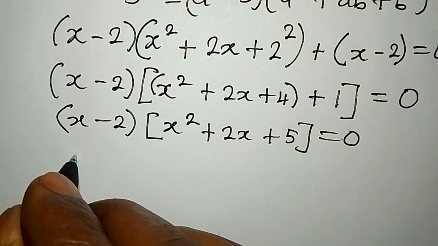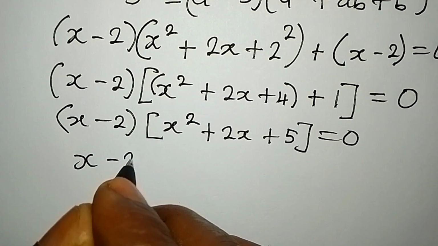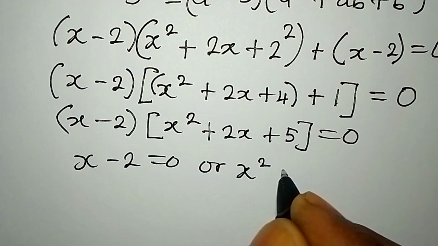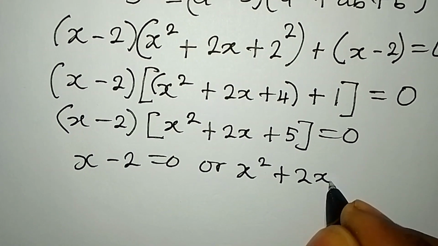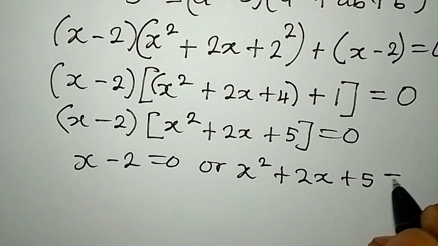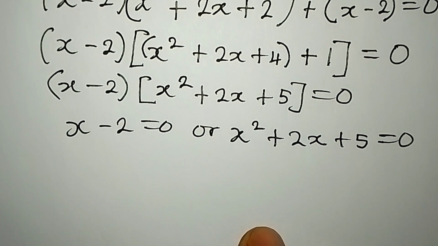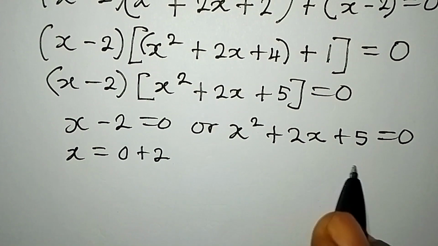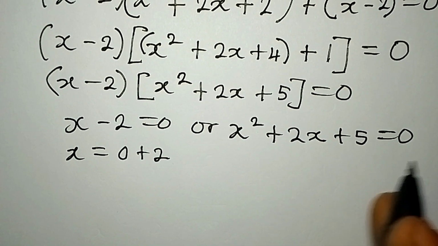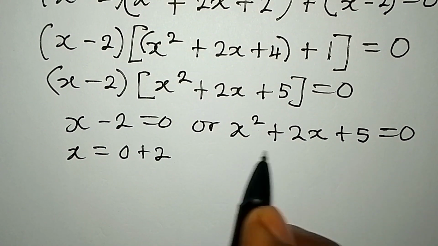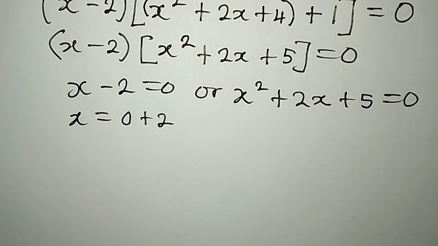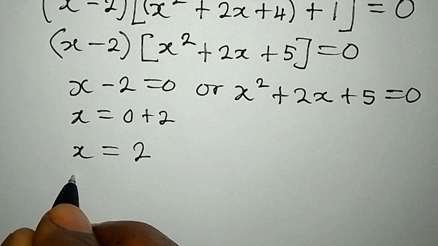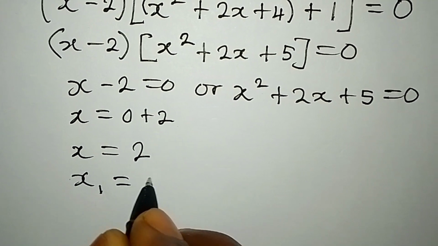I can say that either x minus 2 is equal to 0, or x squared plus 2x plus 5 is equal to 0. Now, x is equal to 0 plus 2, or what we have over there. But this is now a quadratic equation, so let's leave it aside first. Now, our x is equal to 0 plus 2, giving us 2, meaning that x1 is equal to 2.